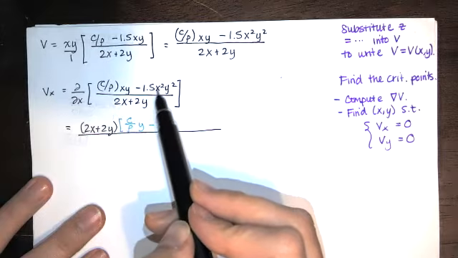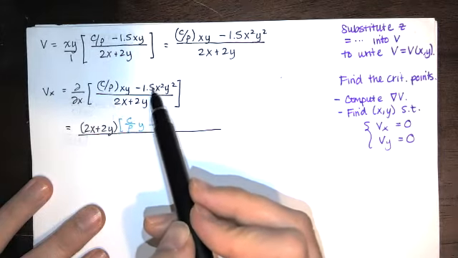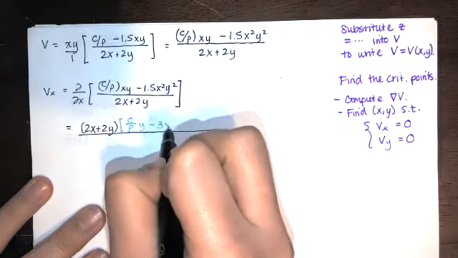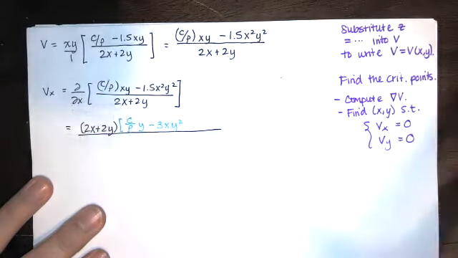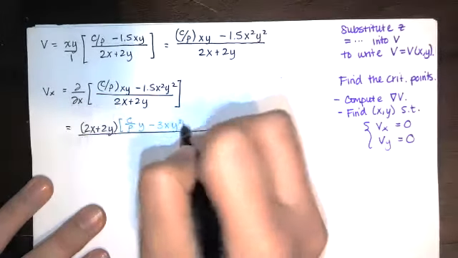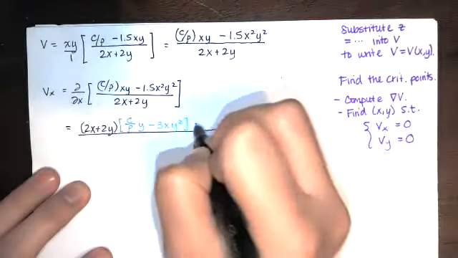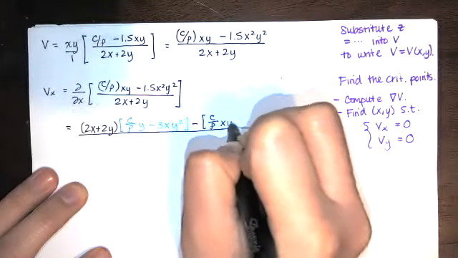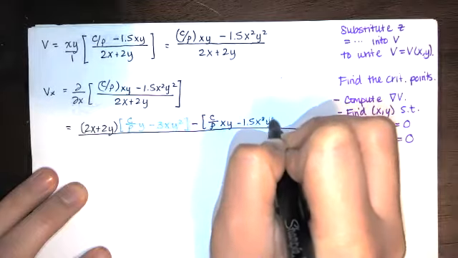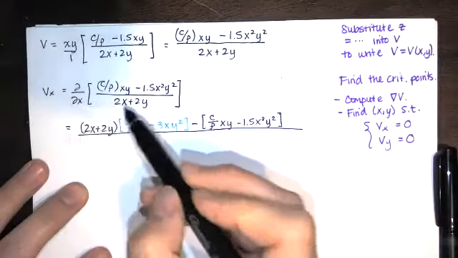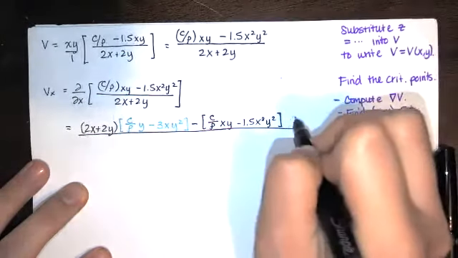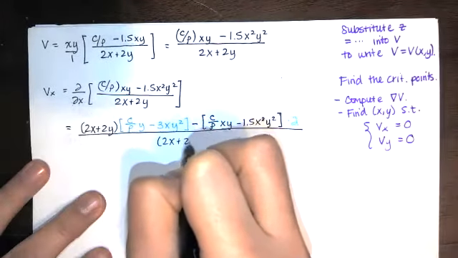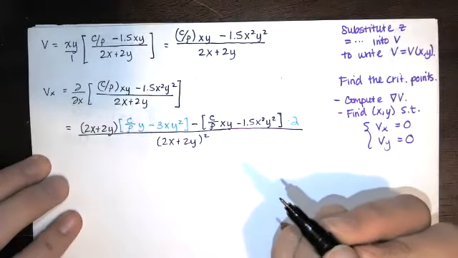The derivative of 1.5x squared with respect to x is 1.5 times 2, that's going to be a 3, times x to the first. And then the y squared is a constant, so we can bring that down. That's low d high, bottom function times the derivative of the top function, minus high d low. And the derivative of the bottom function with respect to x, treating y as a constant, is just a 2. All over low low, bottom function squared.